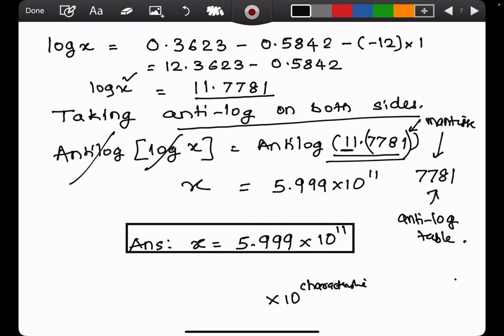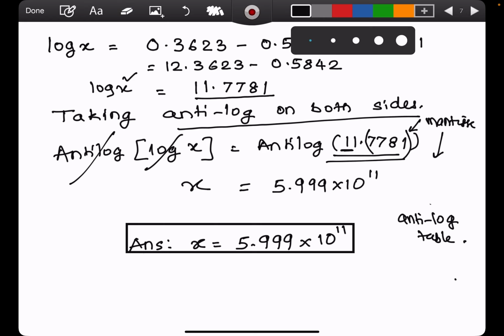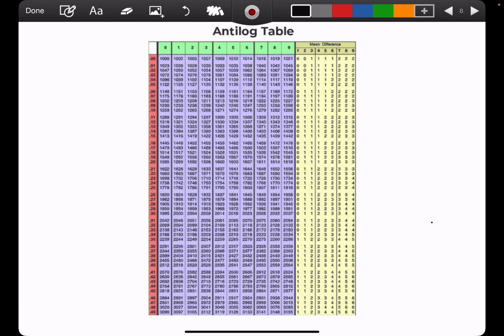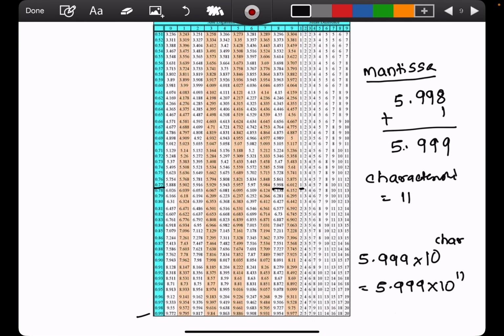So first I will find the mantissa. Let us calculate by referring to the table: 0.7781. What I need to do is look at the anti-log table and look for the value 0.7781. The anti-log table looks like this, and its values are from 0 to 0.99, but I am interested in 0.77.